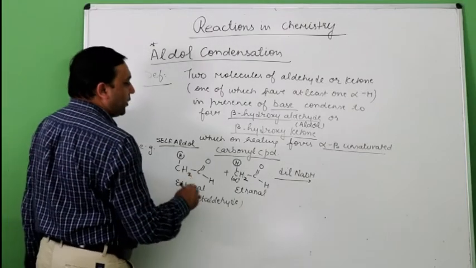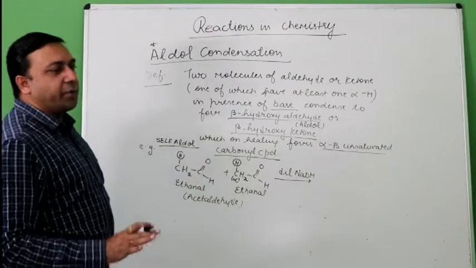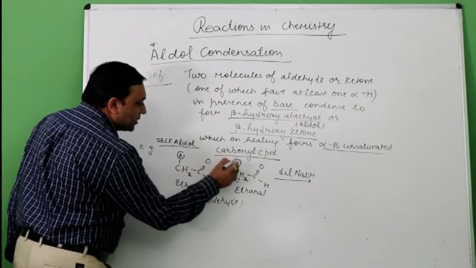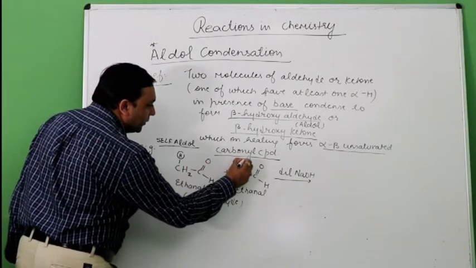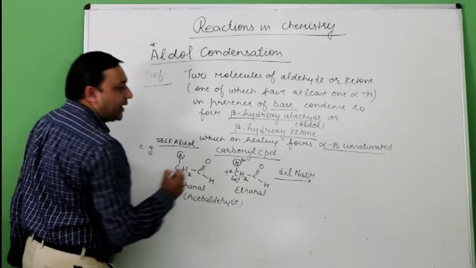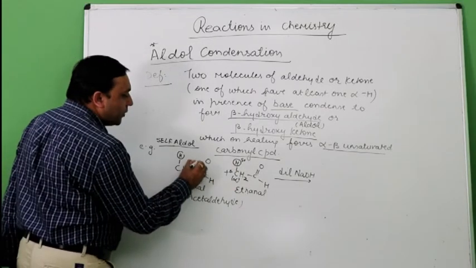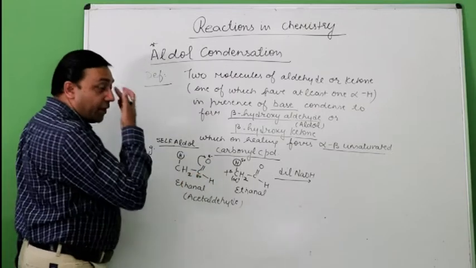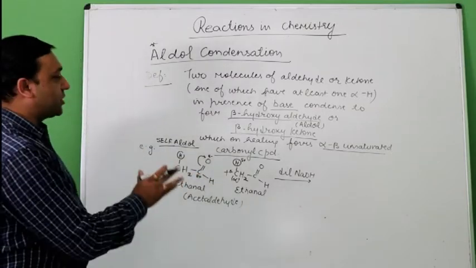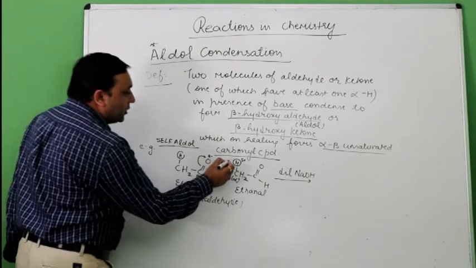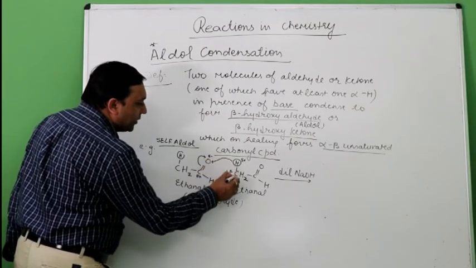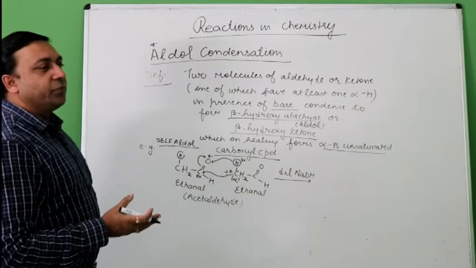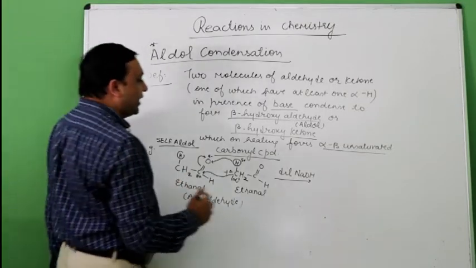I will go into the details of the mechanism, but prior to it, just a simplified form. This H is positive, the carbon is negative. Oxygen being more electronegative is negative, the carbon is positive. This positive goes to negative and this negative goes to positive, that is, two molecules have joined together, that is condensed.